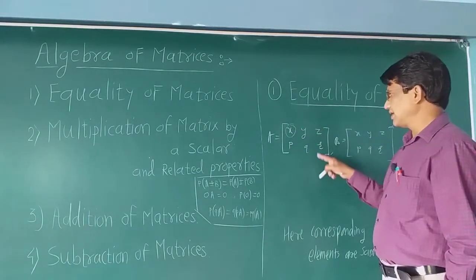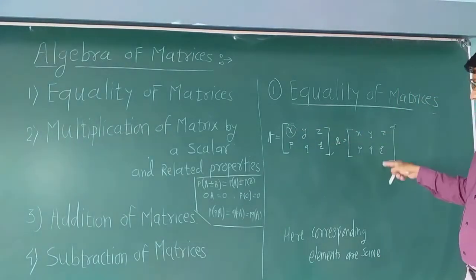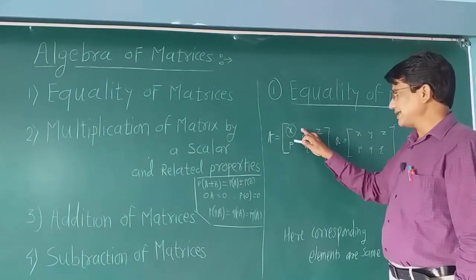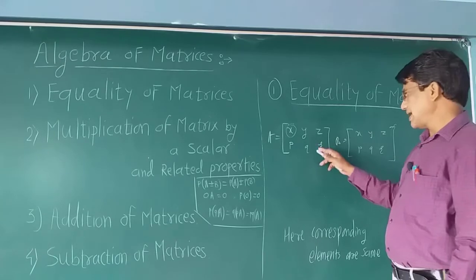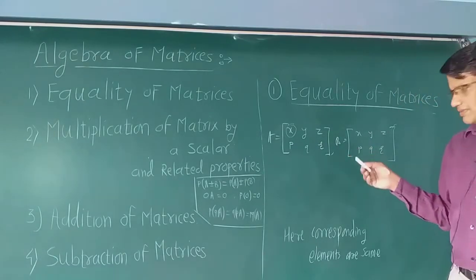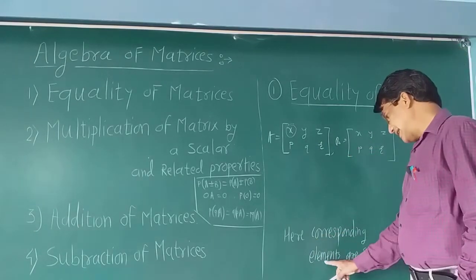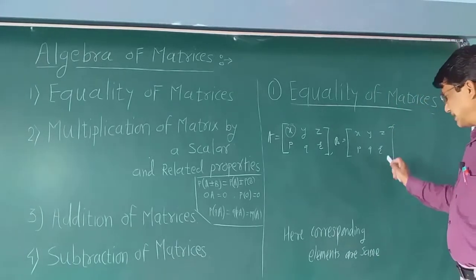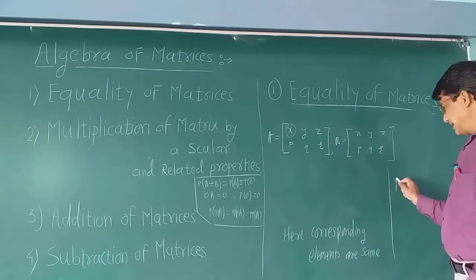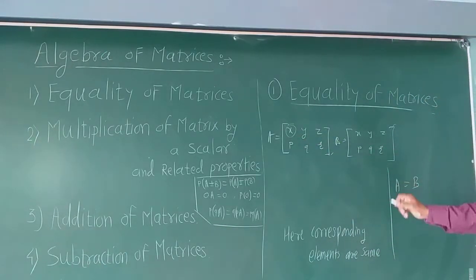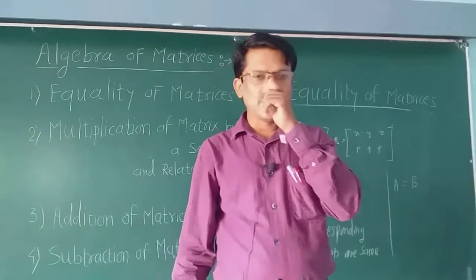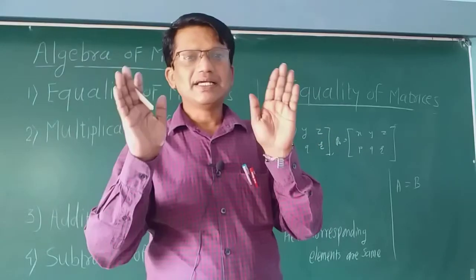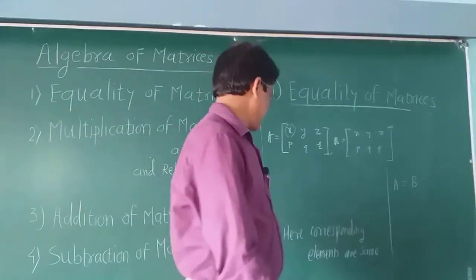First row, third column, z. First row, third column, z. Means the corresponding elements x, y, z are one and the same. p, q, r, here also p, q, r, same. So here corresponding elements are same. Hence the matrix A is equal to matrix B. Okay, this is about two equal matrices.